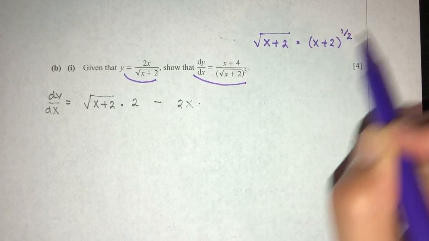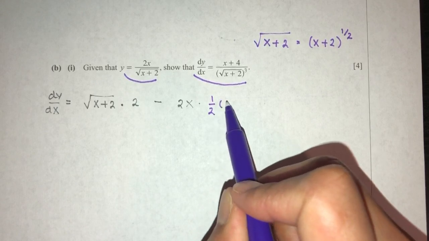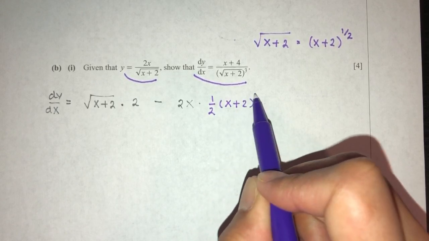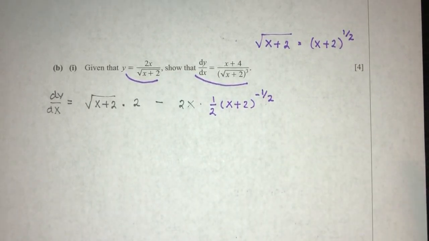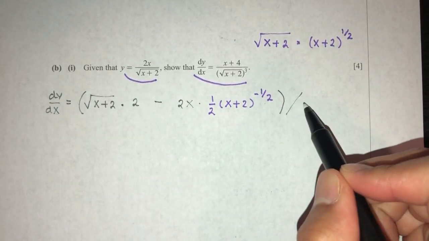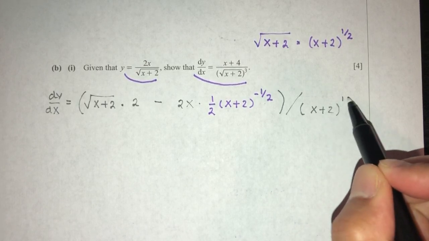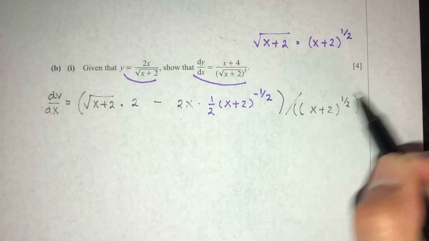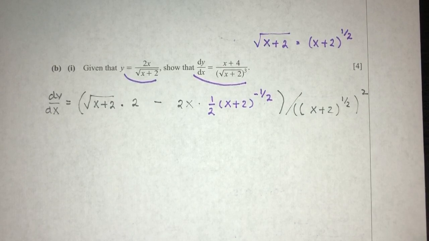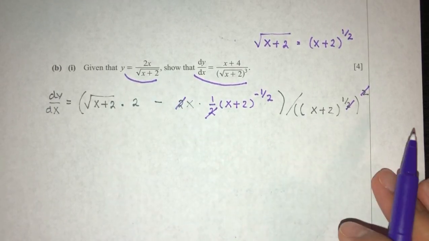Simply this, power half. And then d by dx will become half first. That will be x plus 2 to the power minus half. Of course, you have to take everything, divide by the base squared, x plus 2 power half, squared. So simplify, these two will cancel out, and this will cancel out.